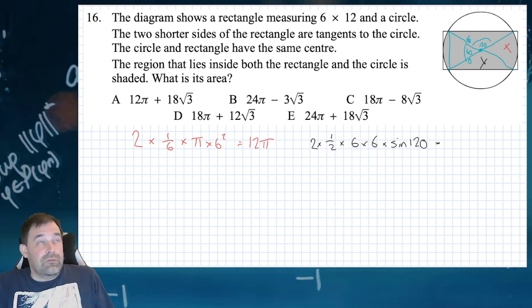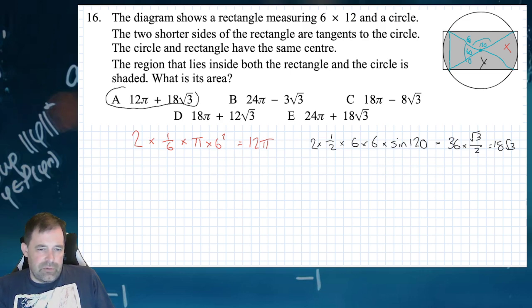Sine 120 is root 3 over 2, so we're going to get 36 times root 3 over 2, or 18 root 3. So it's this first one here, isn't it? 12 pi plus 18 root 3.